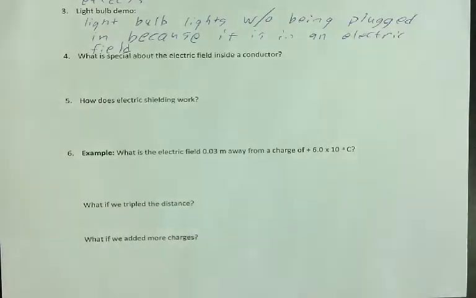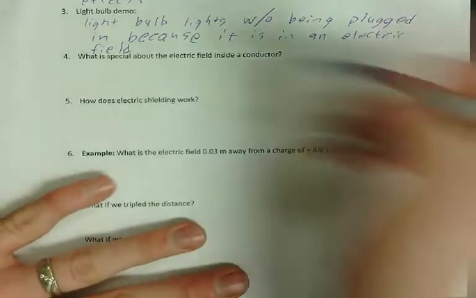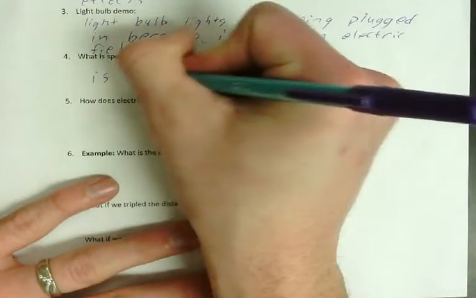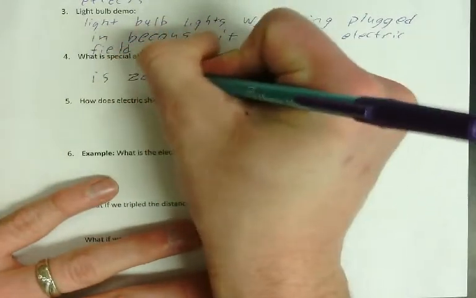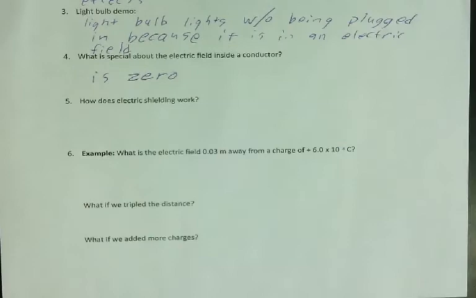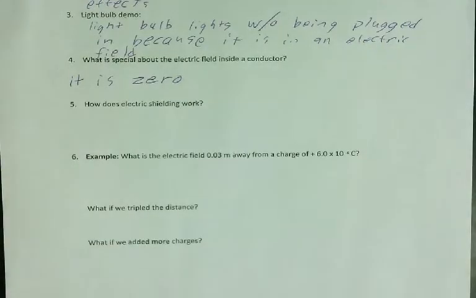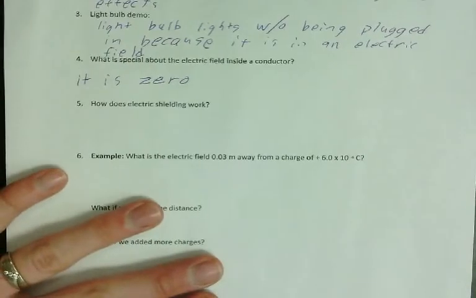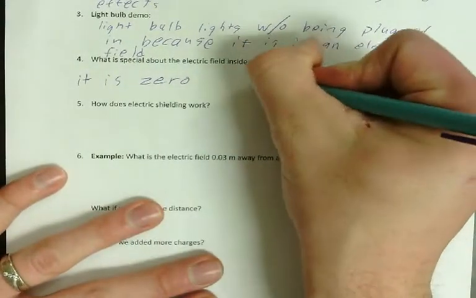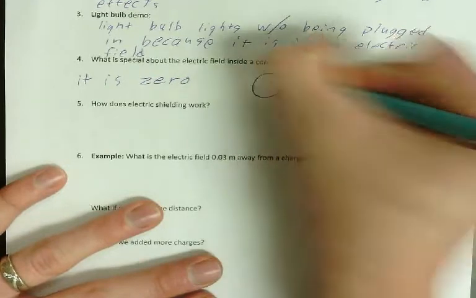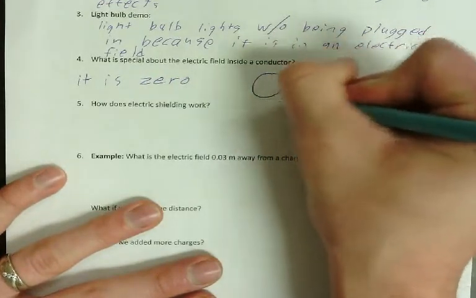All right, number 4. What is special about the electric field inside a conductor? The electric field inside a conductor is 0. So if here's a conductor, all the electrons go hang out on the outside edge.